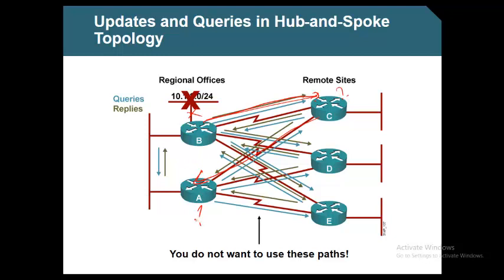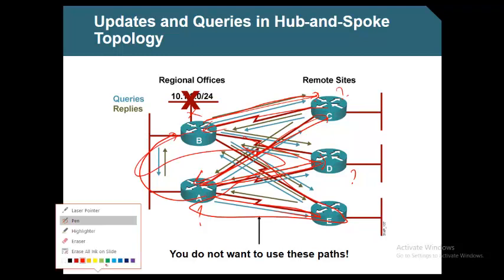It will query D, E, again B, because they're all its neighbors. But D has already got the same query. D also doesn't know, so it will also send to A. A will send to C. C will send to B. See how it is looping. You see that? It's looping, looping. This is going to cause problems.